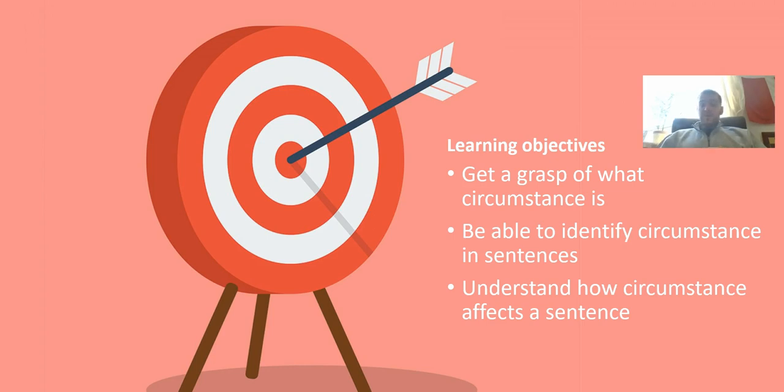We're going to attempt to be able to identify circumstance in sentences, so we're going to do some sentence analysis. We're also gonna construct and create our own sentences, but we will start with analyzing some sentences in smaller groups, and we're gonna attempt to understand how circumstance affects a sentence. How does it affect the meaning of the sentence?